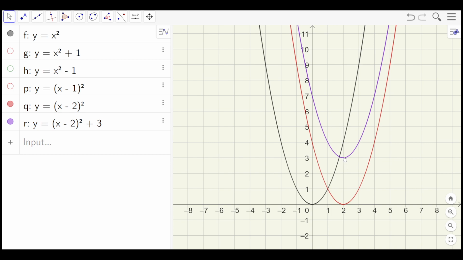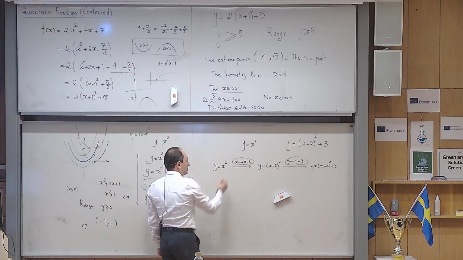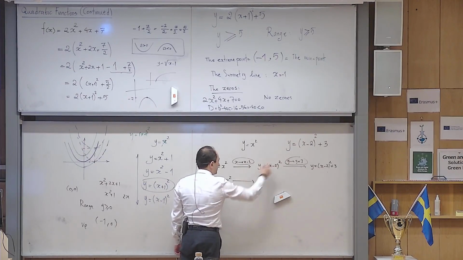I could do this the other way around. Instead of shifting to the right and then up, I could shift up first and then to the right. The answer will be the same. And that is also understandable here. Why? Because instead of doing this first, I shift first y to y plus 3. Then what do I get?